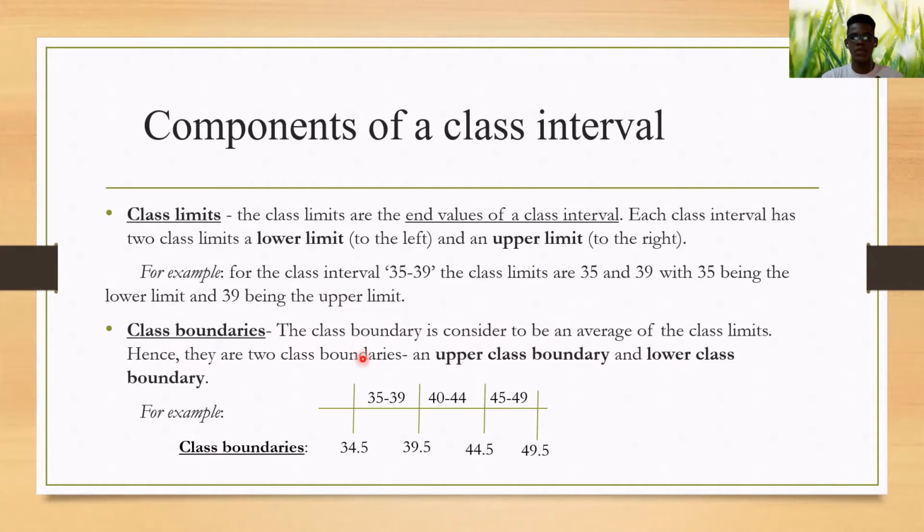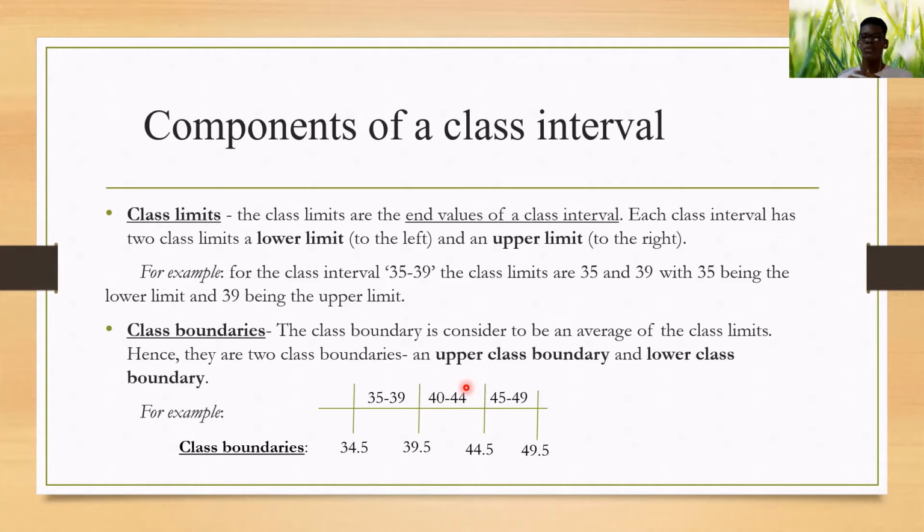You can already guess the lower class boundary is the one of lower value, and the upper class boundary is the one of higher value. Now it's important for you not to mix up class limits and class boundaries, right? Make that distinction right now between limit and boundary, because a lot of students make that mistake.